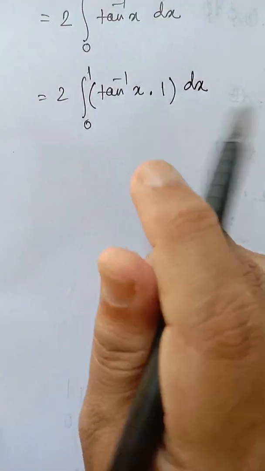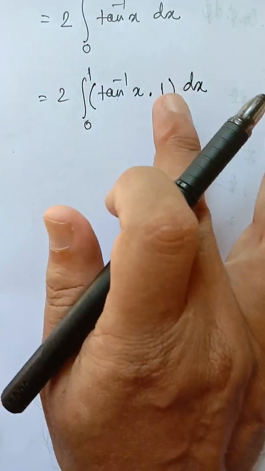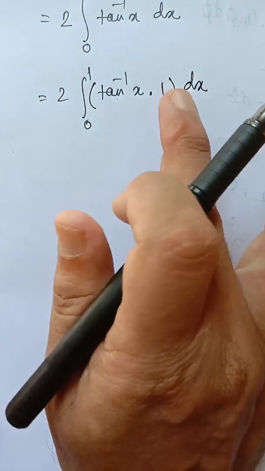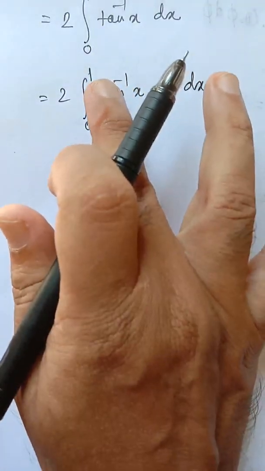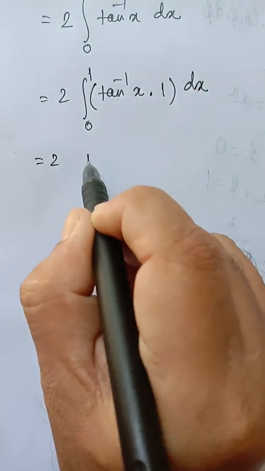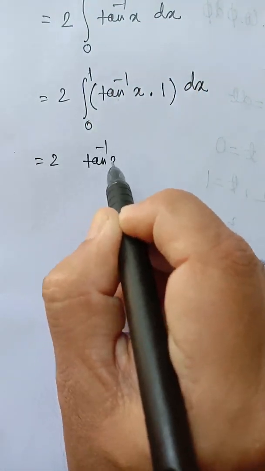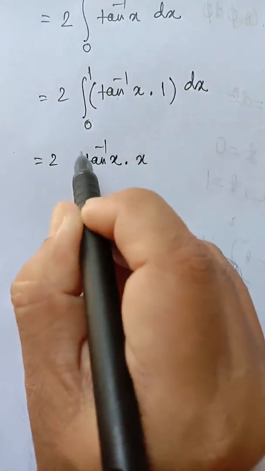Next, we will apply product rule because this is an inverse trigonometric function, I, and this 1 is an algebraic function, A. In ILATE, I comes first, so the inverse function is the first function, and this is the second function. 2 into first function unchanged, into integration of 1, which is x.